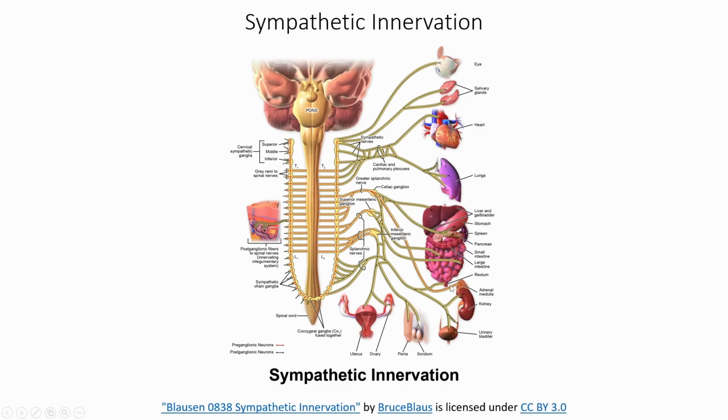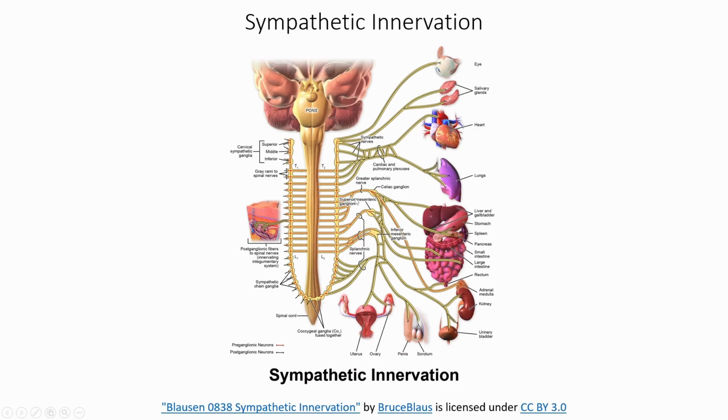That's the only one like that, though. If you are taking a deep look at this picture, it's the only one that stays red. Everything in red is a preganglionic neuron. Everything in black, I think, is a postganglionic neuron. The adrenal medulla, the adrenal gland, is the only one that gets complete preganglionic only. Everything else is going to connect pre and post at a ganglion.